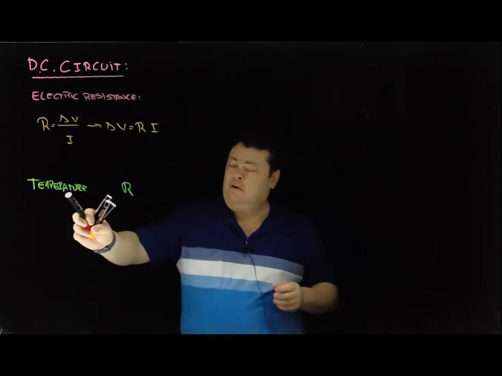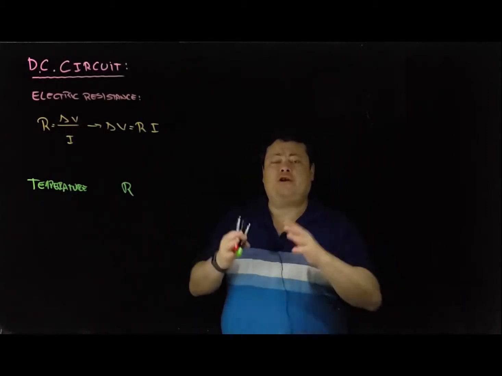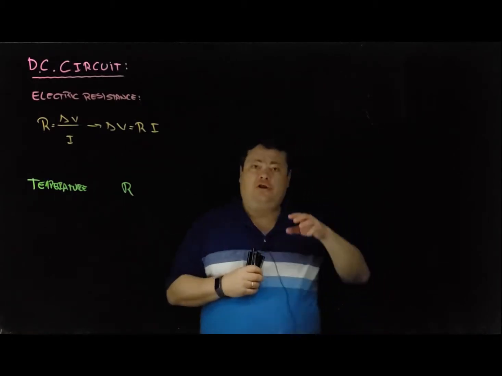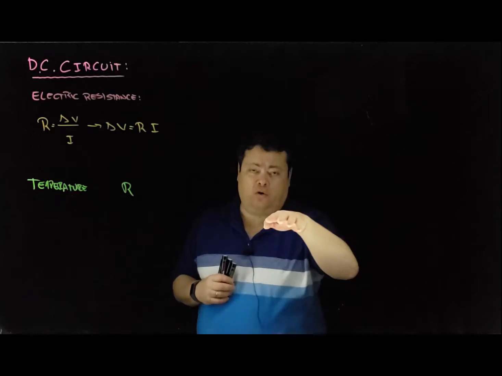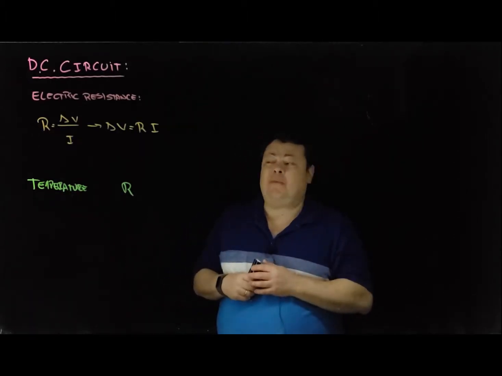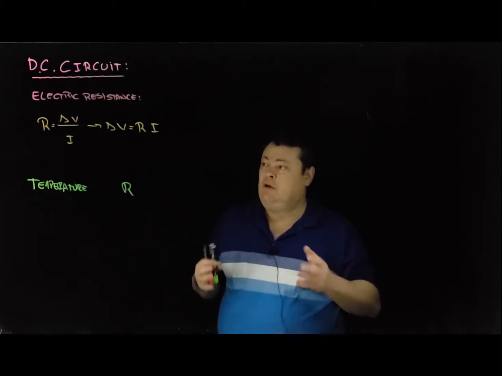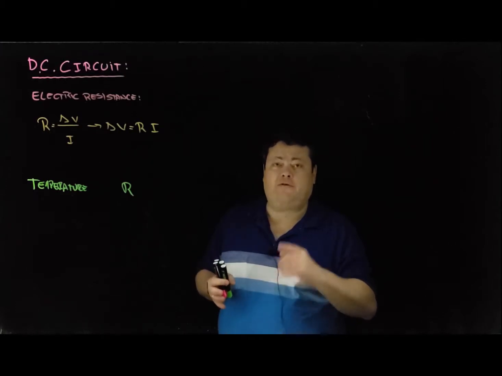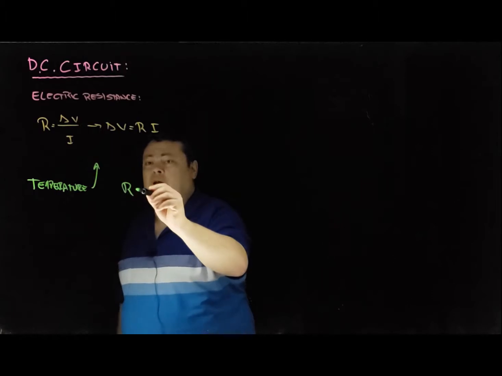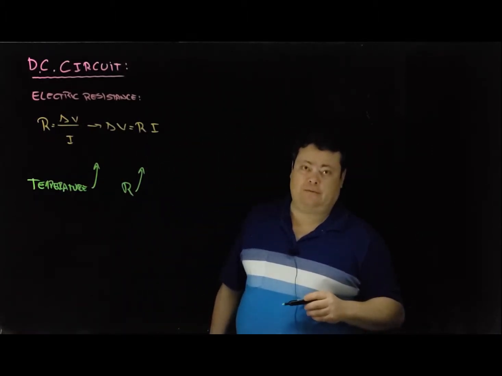The thing is that when I change the temperature of the wire, I'm going to change the vibration of the atoms of the grid. And changing that vibration will change the way the electrons that are trying to flow collide against those atoms. Depending on the material, I may also release more free electrons. Okay, so temperature affects the resistance. And for most of the materials we will study, an increase in temperature will actually represent an increase in electric resistance.